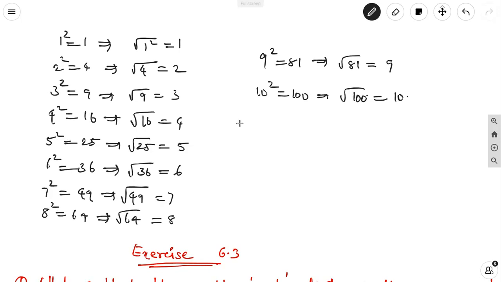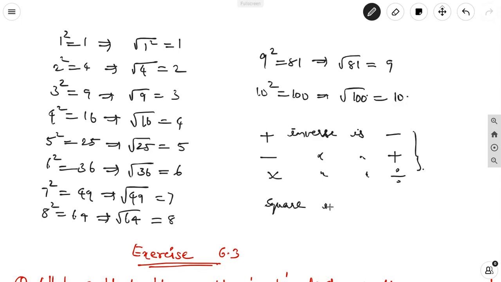From this, just as addition and subtraction are inverses, and multiplication and division are inverses, the square inverse is the square root.